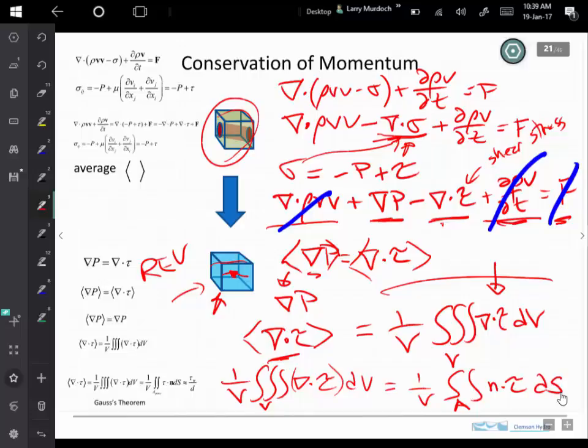So that's the normal vector, and if I come up here to the region that I'm interested in, this S is the surface, and this is the normal vector to the surface, and this is the quantity that we're interested in, normal to the surface.